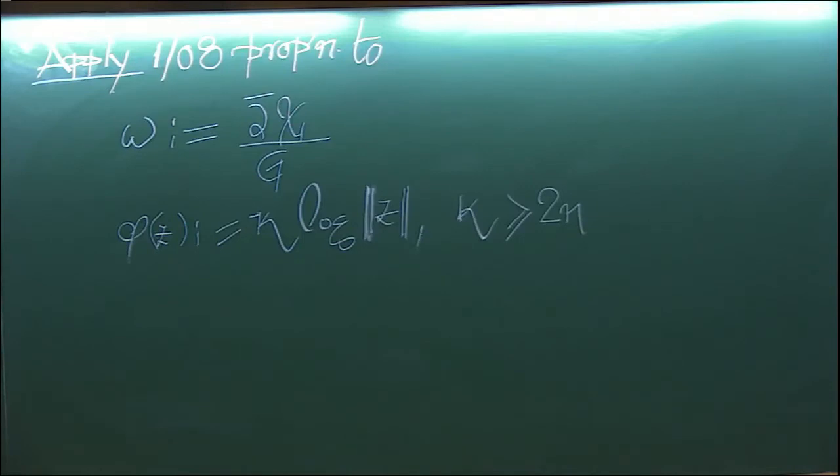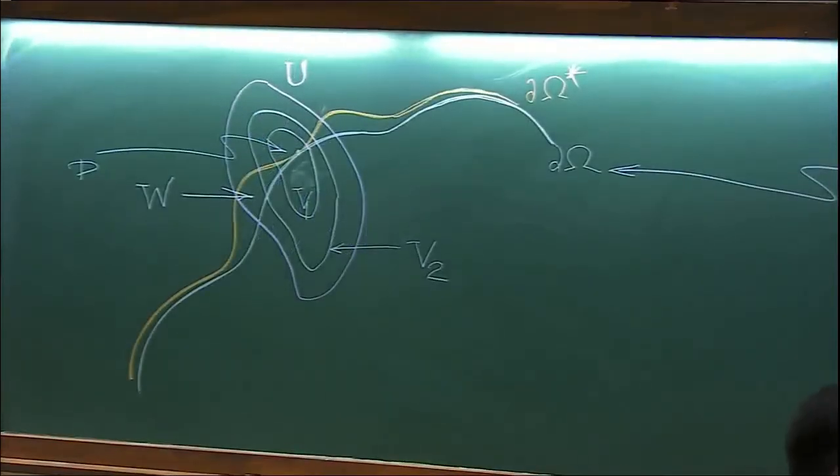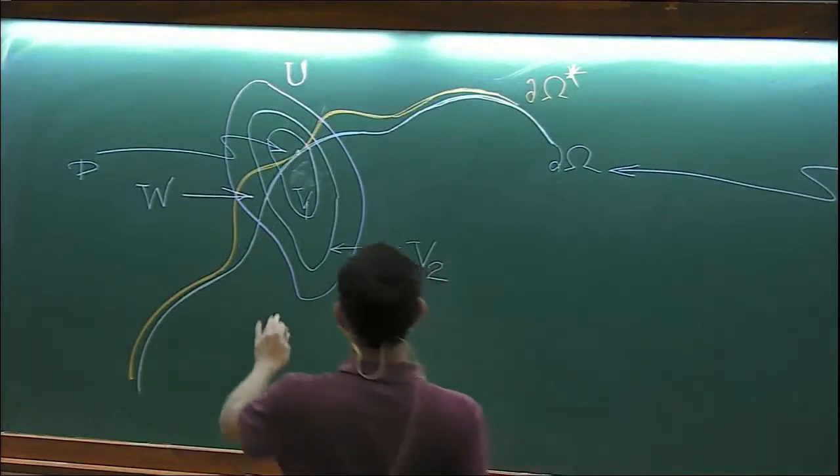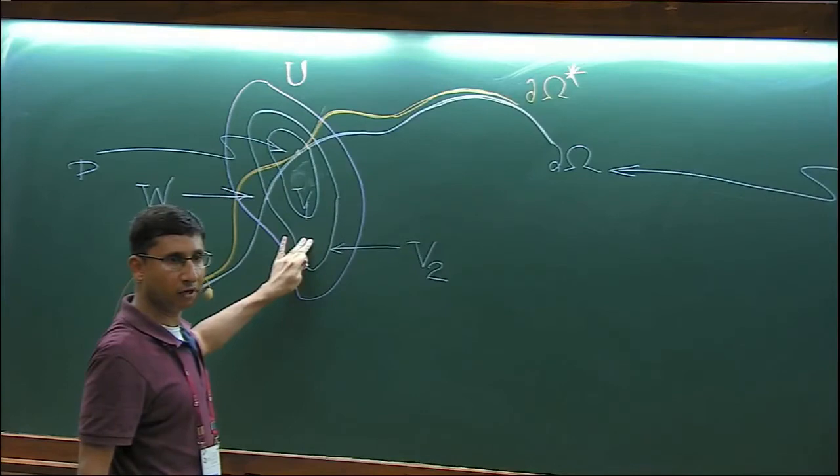So we know that the form d bar of chi1. So remember, chi1 cuts outside of V2, right?